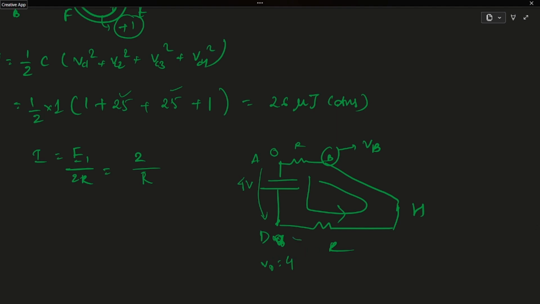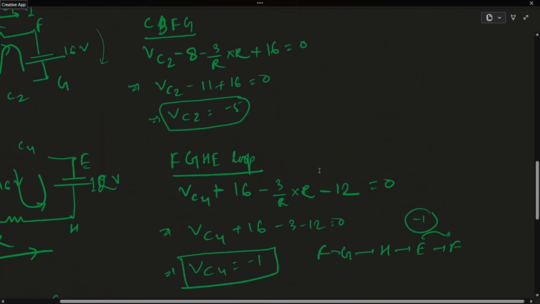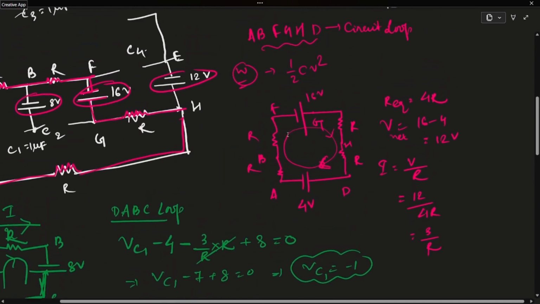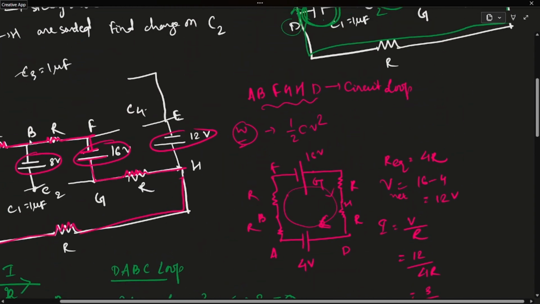So here at point H, the voltage VH is basically there is a voltage drop. So 4 minus I into R, which is 2 volt. So B will also be 2 volt. Right? Now see, in this part we get this is basically 2 volt.